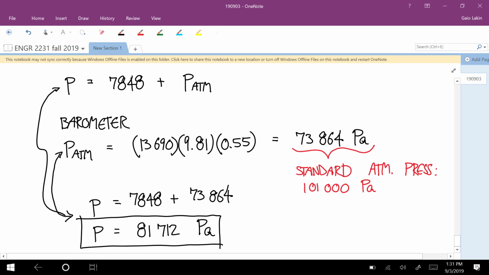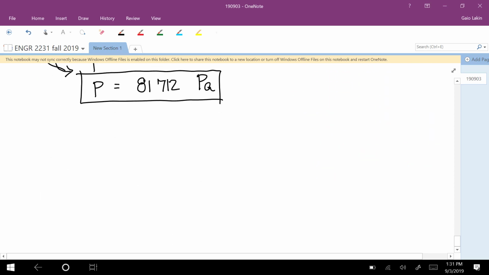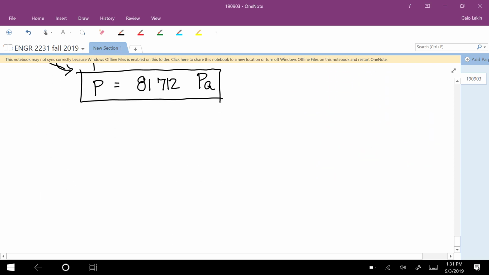Okay, let's do another example. I think I asked a few questions like this on the assignment that I'm going to give you for this class. So let's say that we have this box with a valve on it so you can inflate it with air.